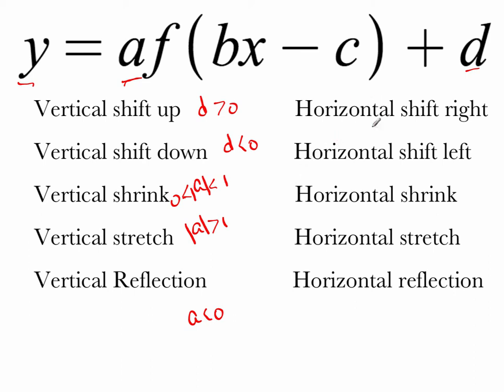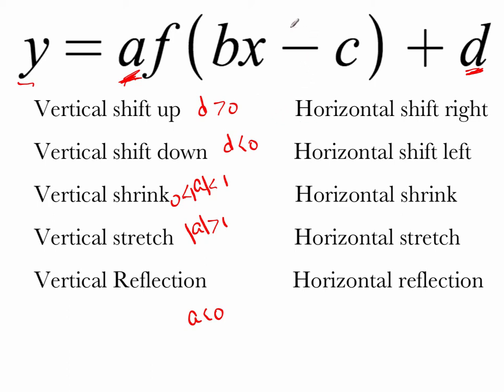Now let's switch over and look at the horizontals. Before we do the verticals, look, the verticals kind of bookend it. It's multiplied by the functional part or added to the functional part. Now what about when we are dealing with horizontal shifts?